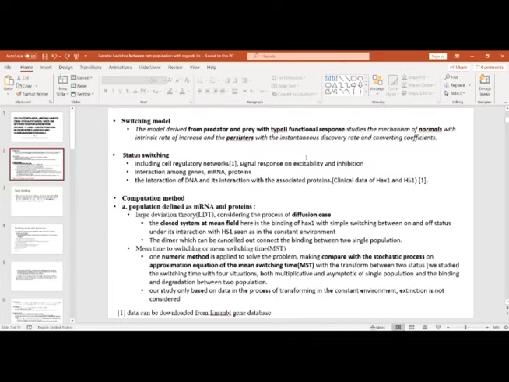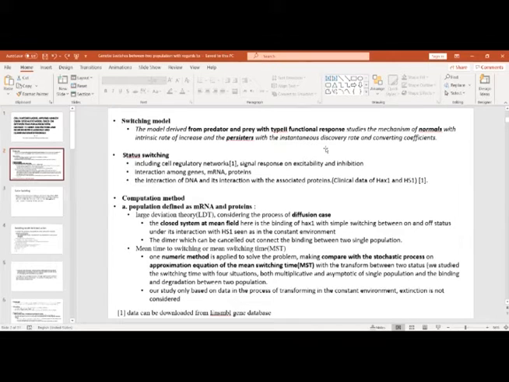So the switching between the states can be applied to quite many models, for example, cell regulatory networks or the signal response on excitability and inhibition.